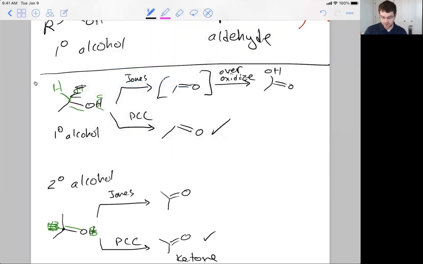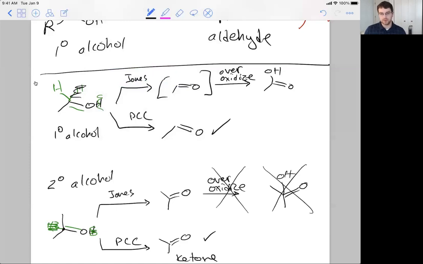Now, what about Jones? Can we over-oxidize? Turns out we cannot, because you can't add an OH group to this molecule. And as a result, you do not form some sort of carboxylic acid intermediate. I mean, look at this carbon.